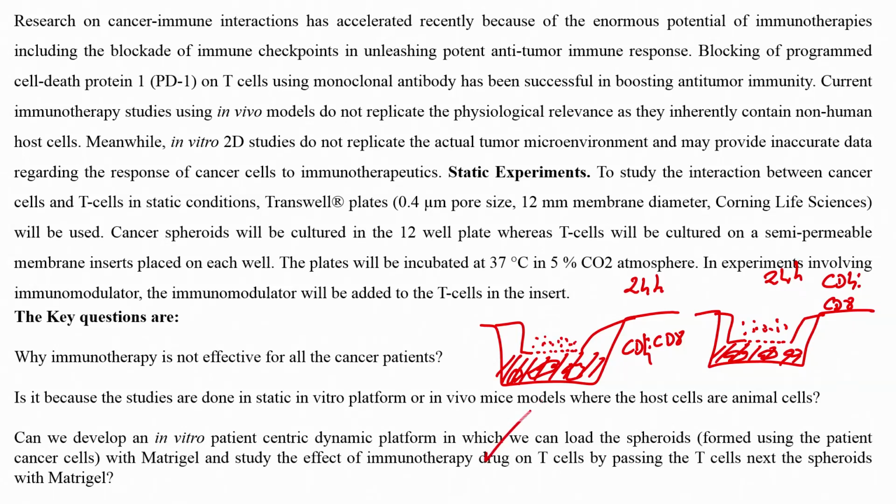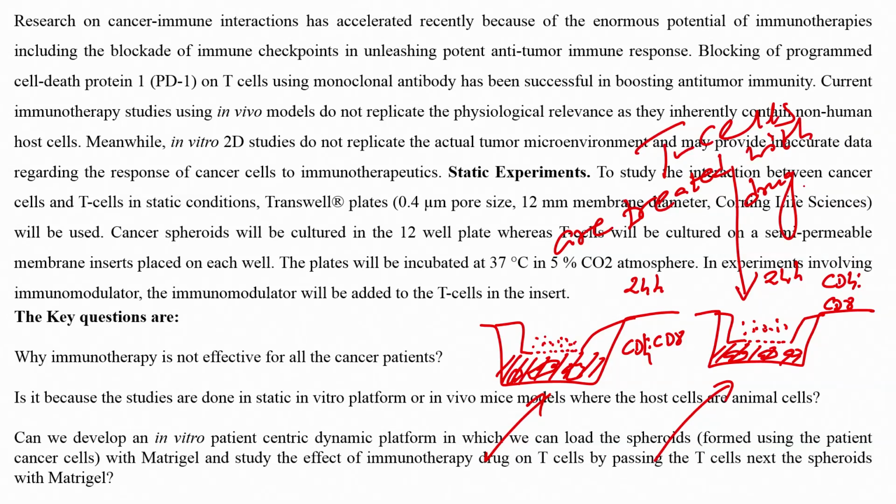The difference between this one and this one is, in this case the T cells are treated with immunotherapy drug, right. This is control, just T cells. After 24 hours we see CD4 CD8 concentration.